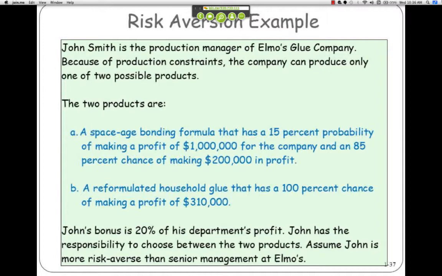How many of you remember, this is directly your question, a game show called Deal or No Deal? It's exactly this, right?